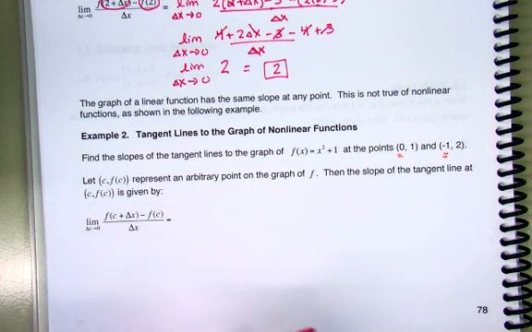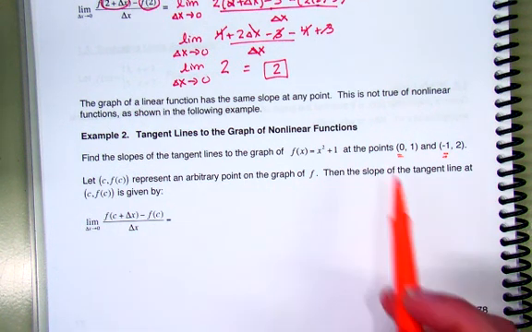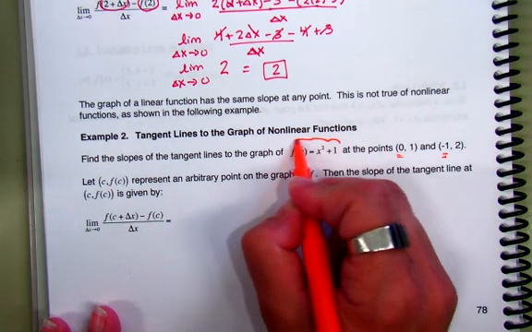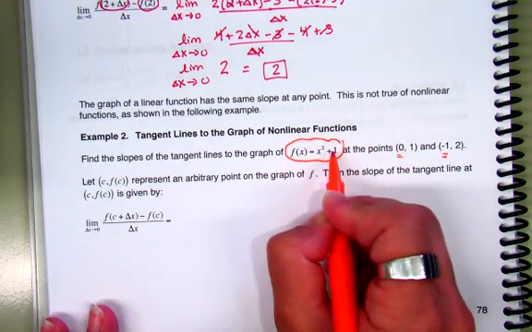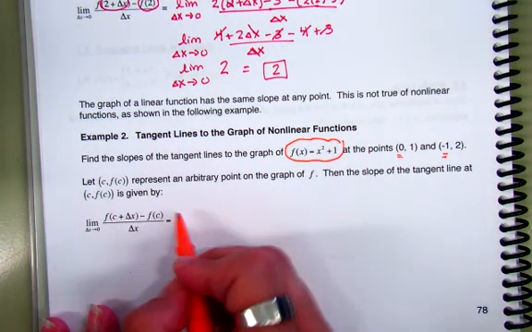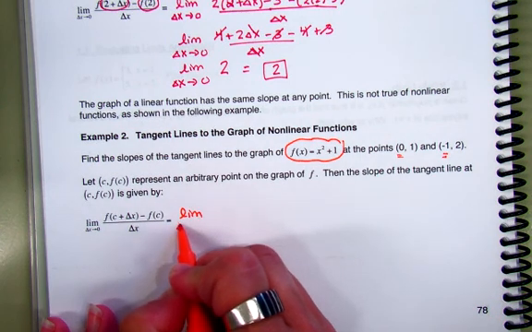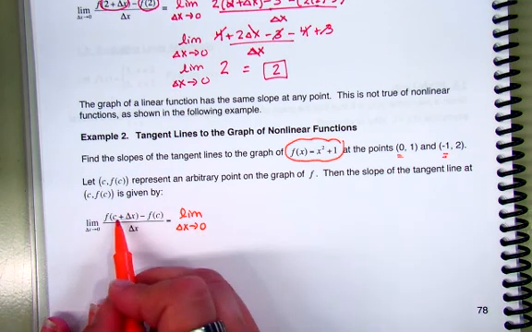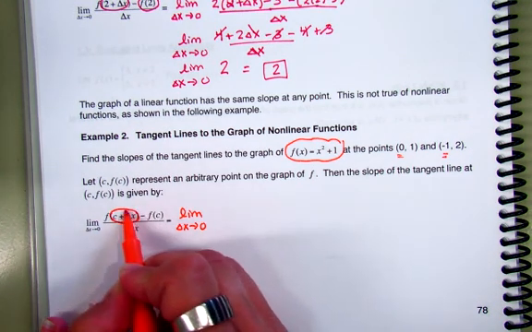And this is how you'll do a lot of these problems. You'll keep it with a c or with an x or with a variable, and then later you'll plug in the numbers. So let's do our equation here. This is the graph we're doing, x squared plus 1. So f of c plus delta x, and just make sure every time you are writing the limit as delta x approaches 0. Okay, so f of c plus delta x, I'm taking that and plugging it in for x.